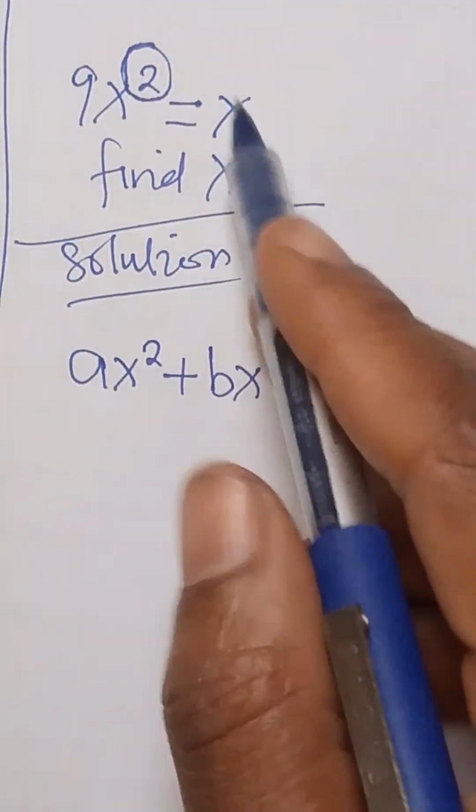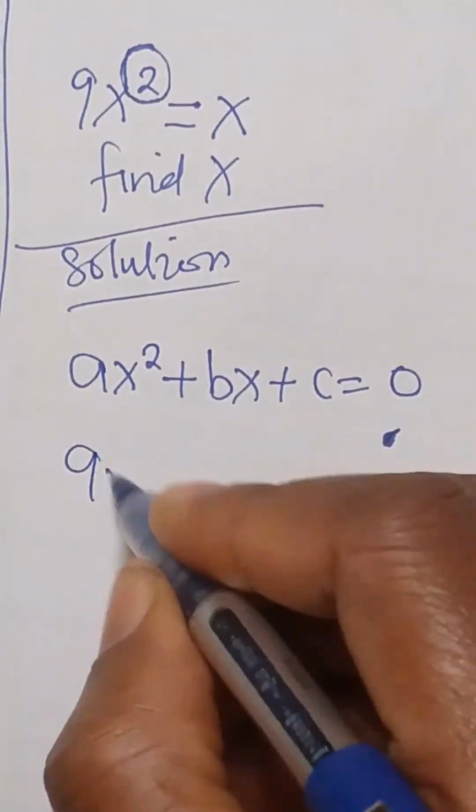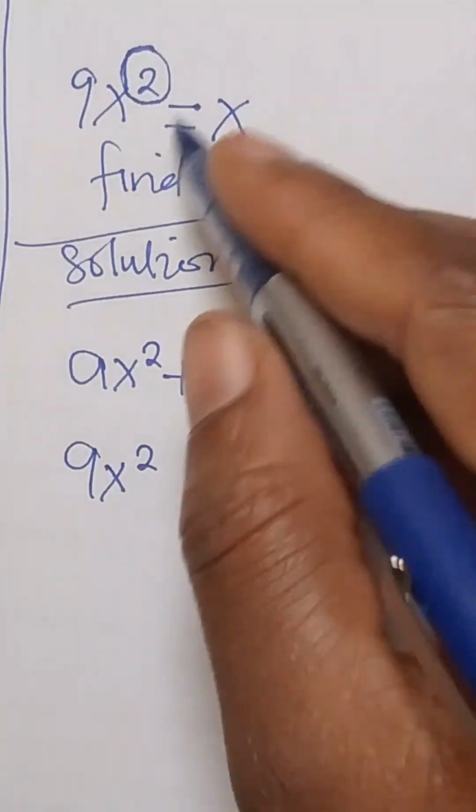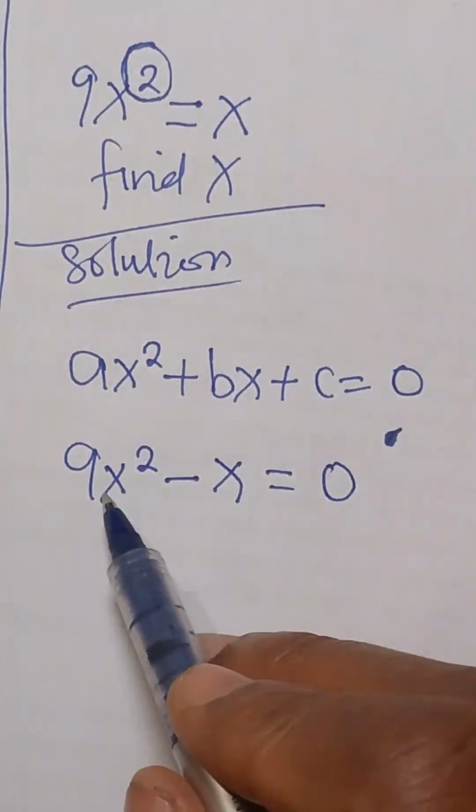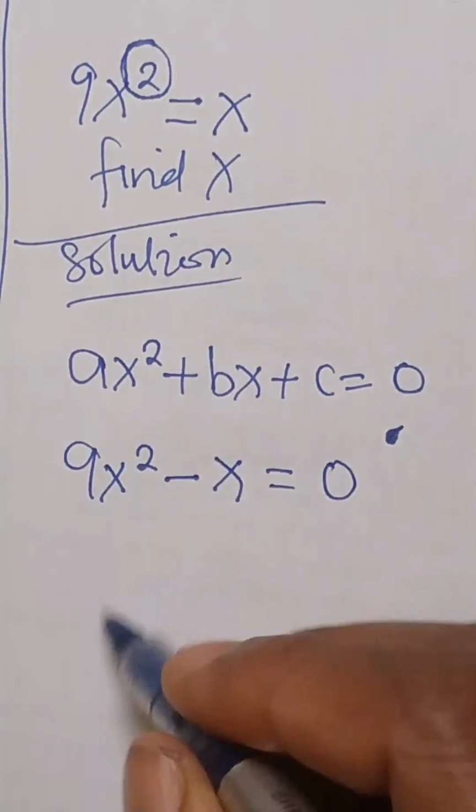Now to do that, we move this inside. We have 9x squared, and when plus x crosses the equality sign, it becomes minus x, equal to 0. Here x is common, so we factor it out.